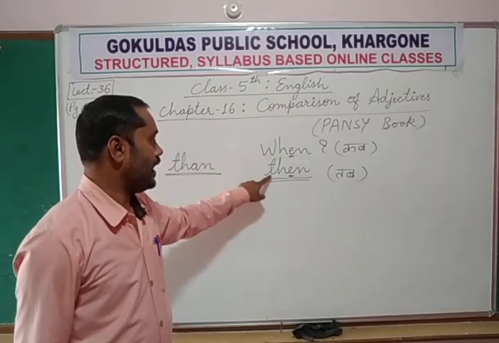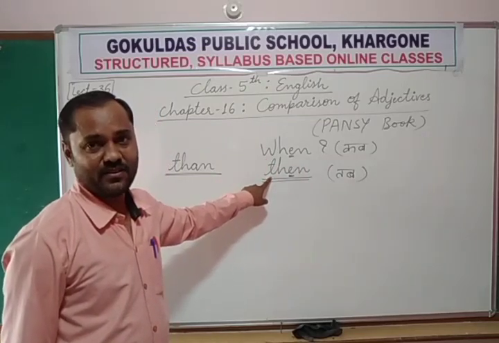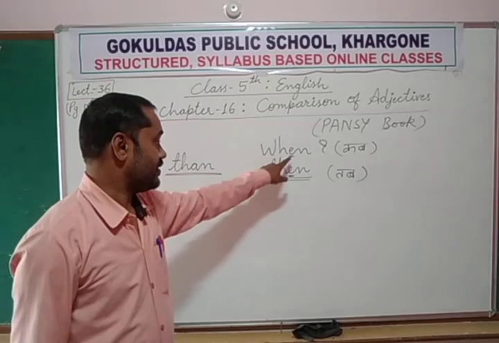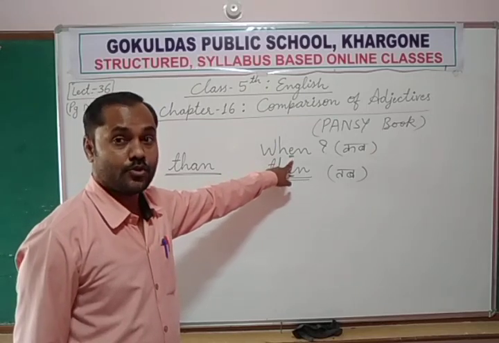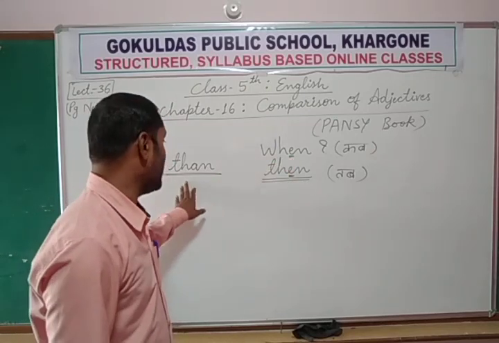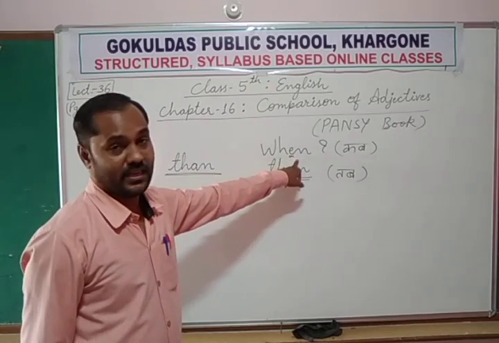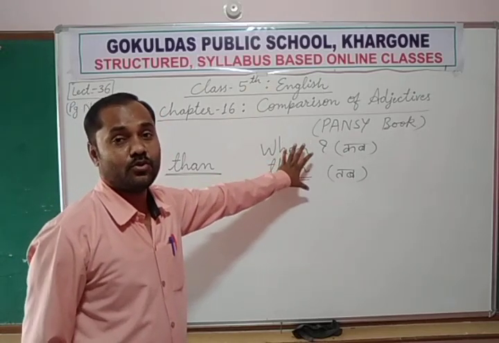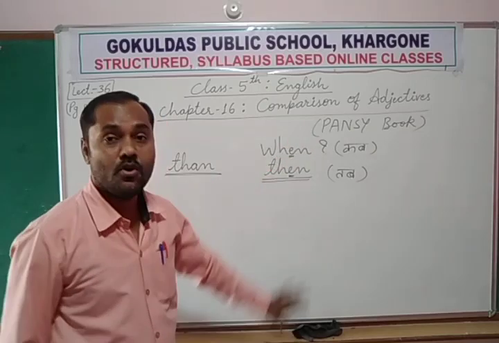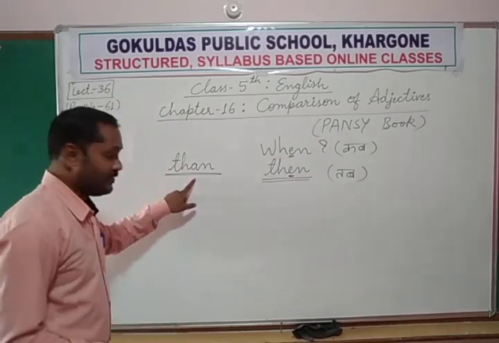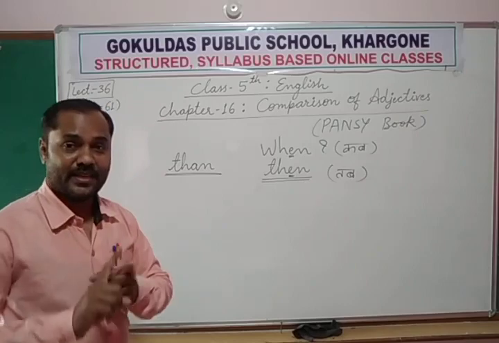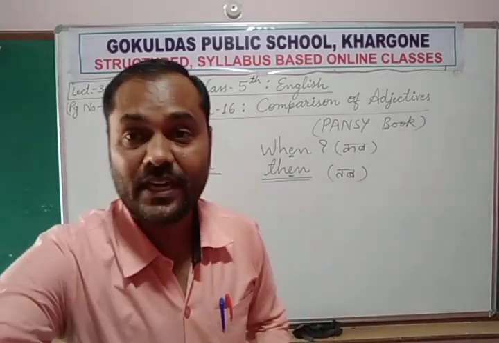Only W and T are different. So it is helpful to remember which one we are using here. THEN is related to WHEN. These both are related to time. But THAN is used in comparison of degrees.